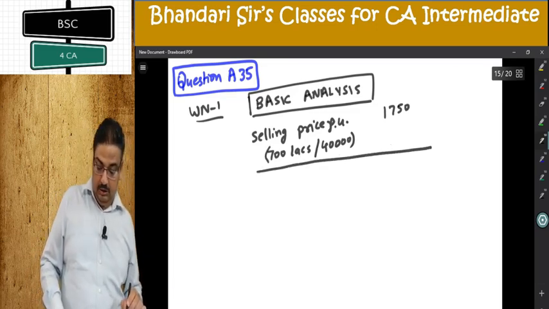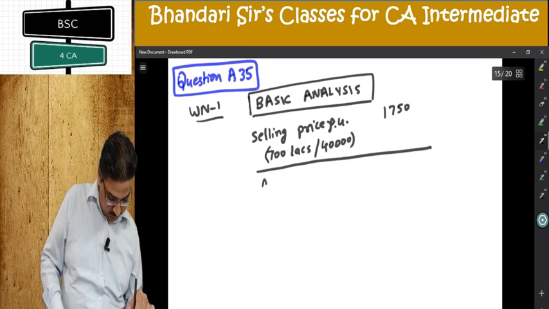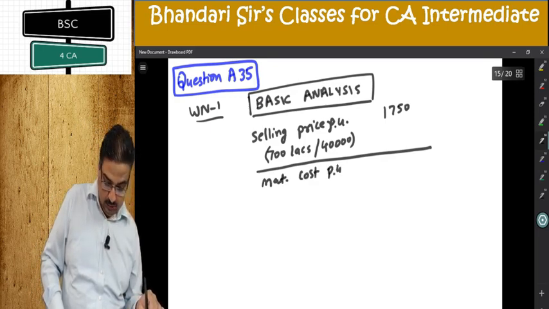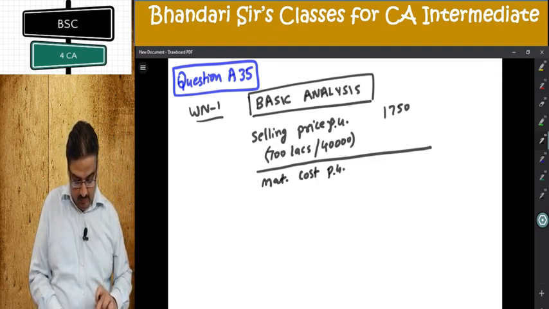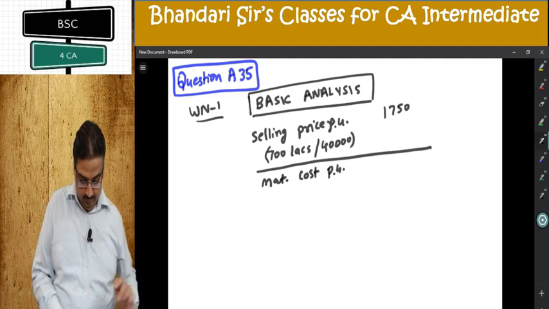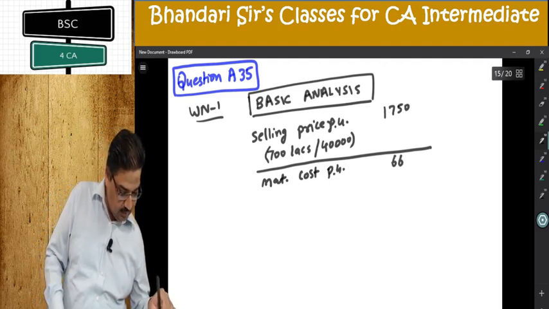All variable costs are being analyzed now. Material cost per unit: 264 lakh divided by 40,000, that is 660.